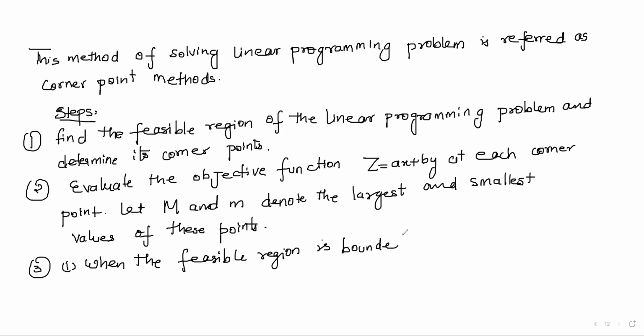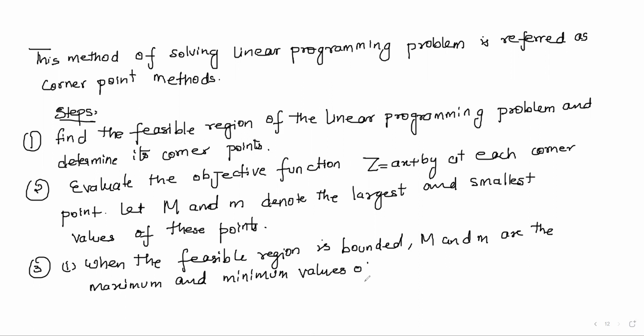If the feasible region is bounded, then M and m are the maximum and minimum values of z. Please note down this again, let me know, then I will change the slide. This is the last theoretical part, then your theory is over and we can start the questions. Please complete this.